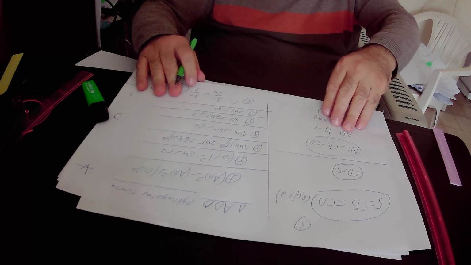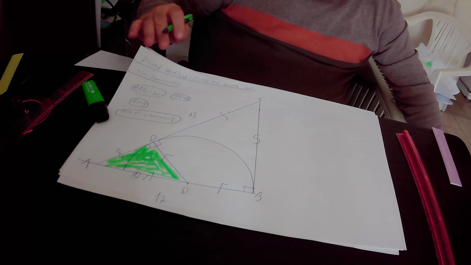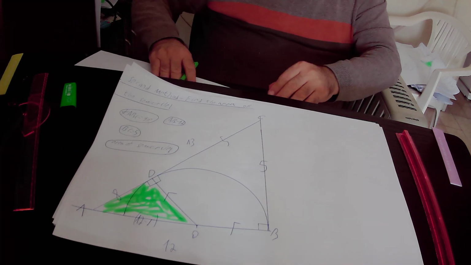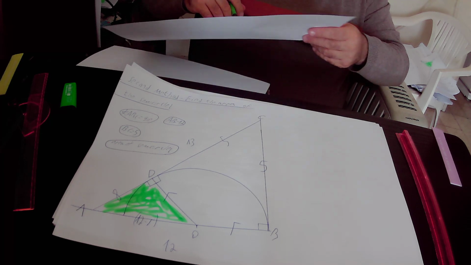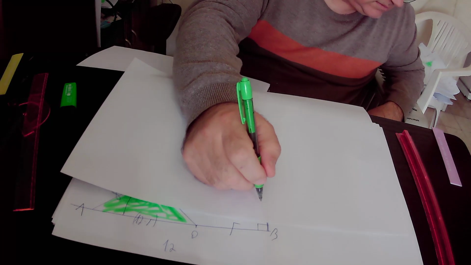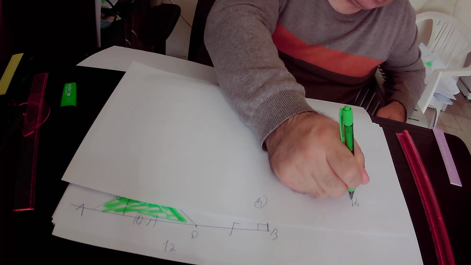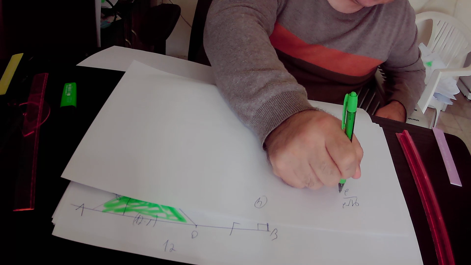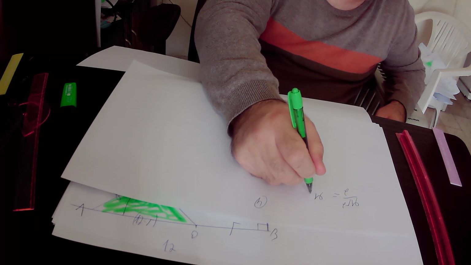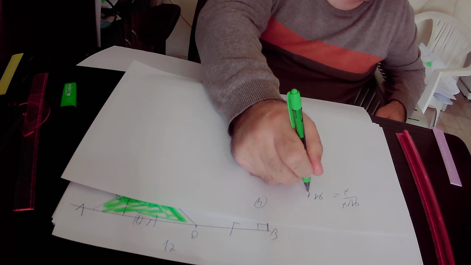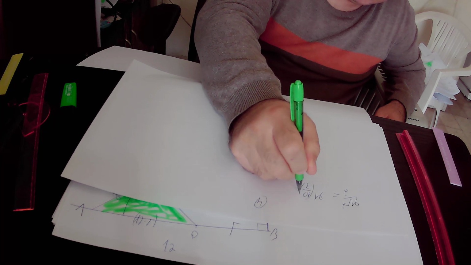And we will repeat the same process that we did in the first method in order to find out the area of the semicircle. The area of the semicircle is equal to pi r square over 2. So it is pi, r is 10 over 3, therefore r square is 10 over 3 square, over 2.